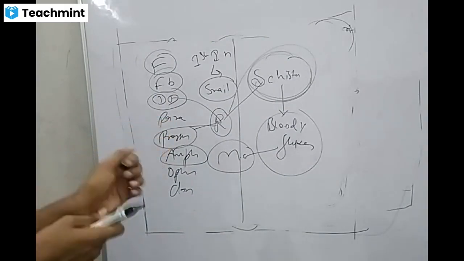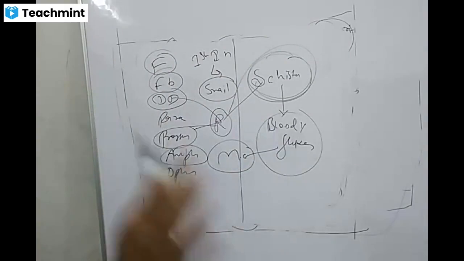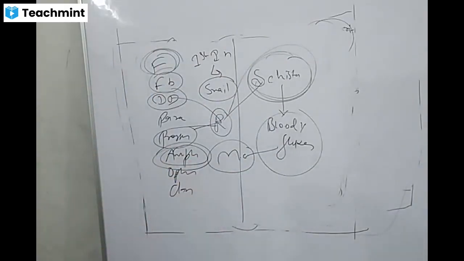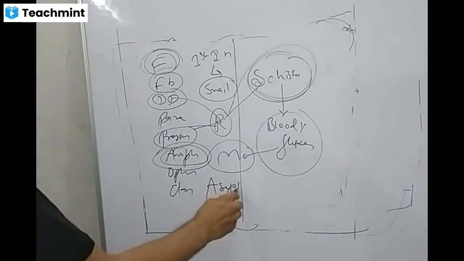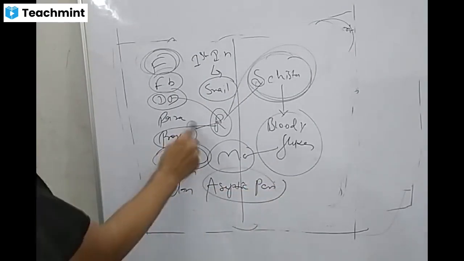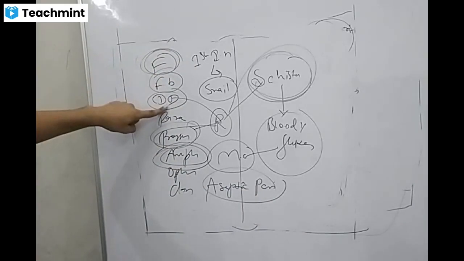Okay. And if they ask you in which parasite or flukes bottle jaw condition is present, the answer will be Fasciola and Amphistome. In which of the flukes is aseptic peritonitis found? The answer will be Prosthogonimus. In which of the flukes is the liver affected? Fasciola, Dicrocoelium dendriticum.